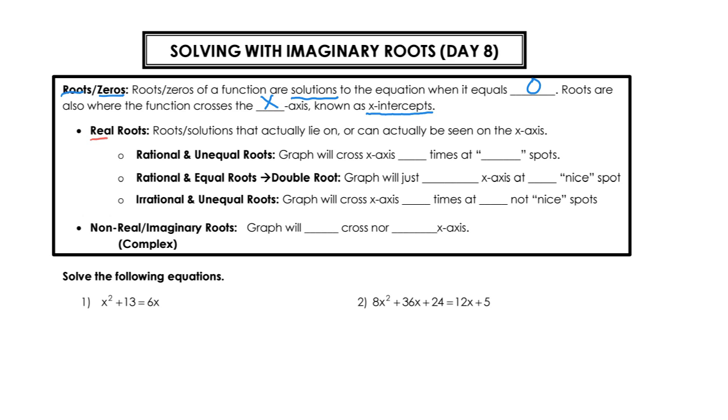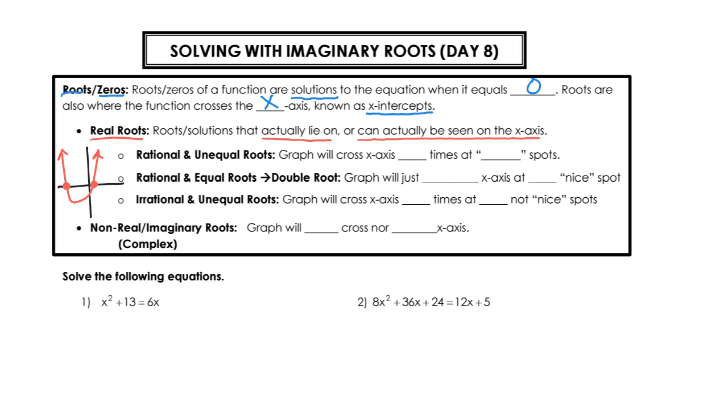We've talked about real roots before. Real roots can actually be seen on the x-axis. So when we have a graph, let's go with just a parabola, or a quadratic, crossing the x-axis once here and once here.